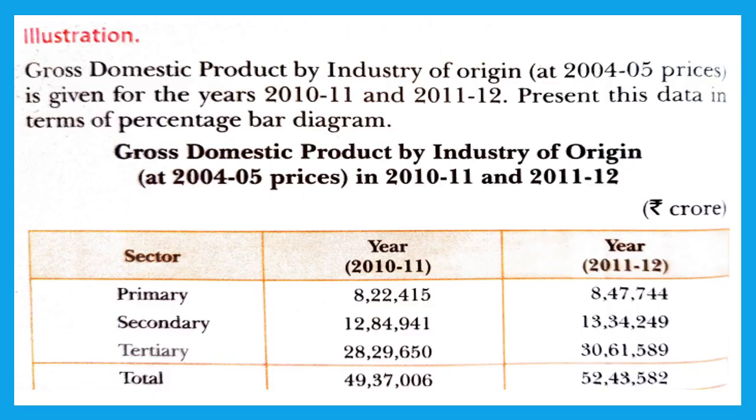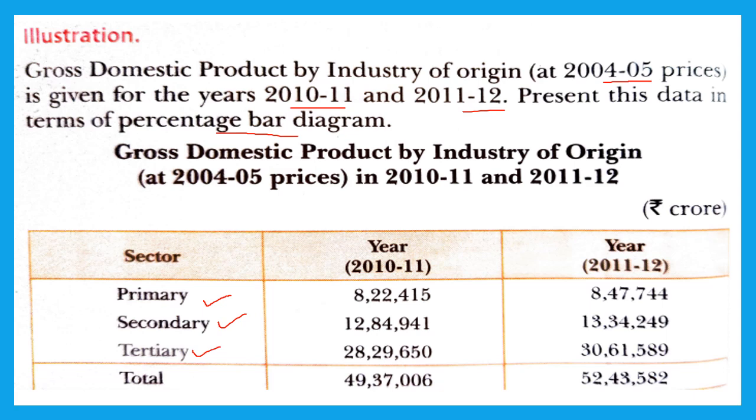See the illustration. Gross domestic product or GDP by industry of origin at 2004-5 prices is given for the years 2010-11 and 2011-12. Present this data in the form of percentage bar diagrams. These are the different sectors of the economy which contribute to GDP: primary sector, secondary sector and tertiary sector.